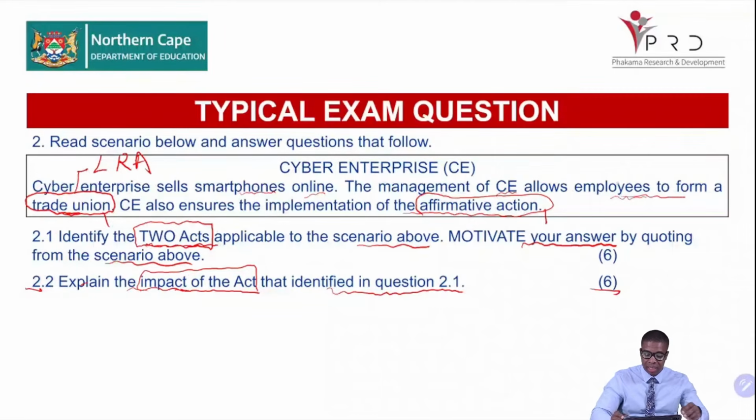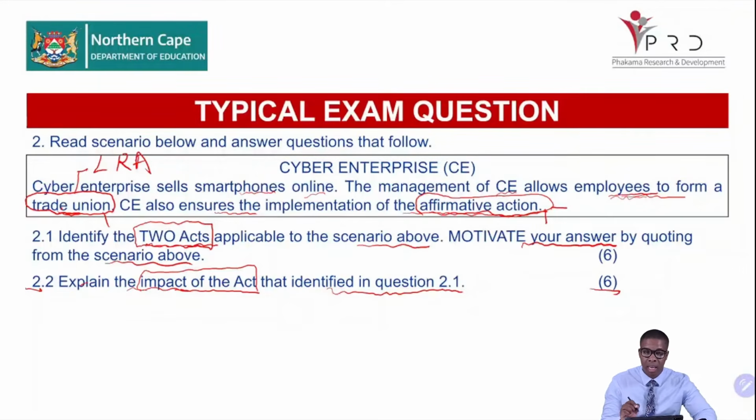So in this regard, when the management of CE allows employees to form a trade union, they are allowing the employees to have a union or an association that would protect the employees if there are unfair working conditions.